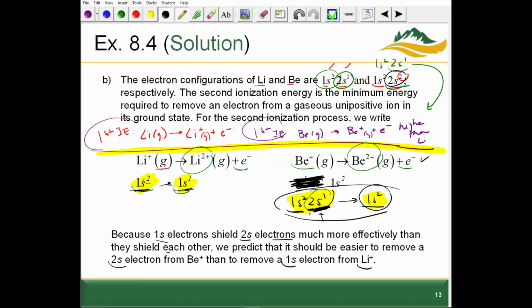So this process should take less energy than this process. This 2s electron can be removed more easily than a 1s electron that has a filled subshell.